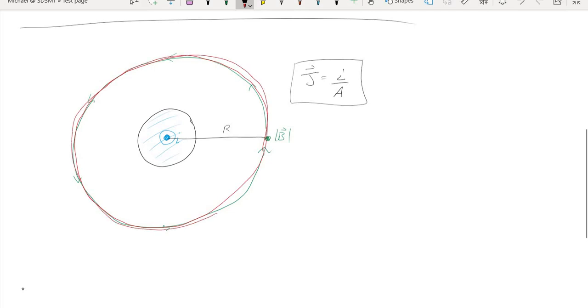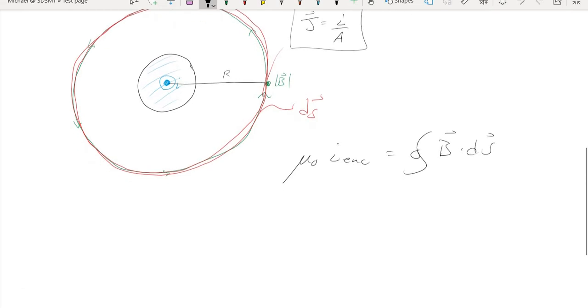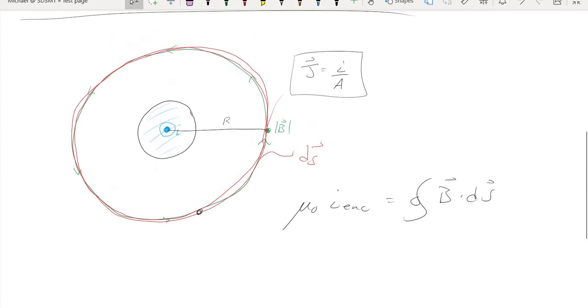And so that path is going to go around the same path that our magnetic field was going around. By setting up Ampere's law, we're expecting a uniform magnetic field at all points along the path of our Amperian loop.